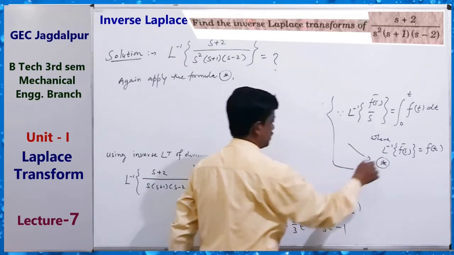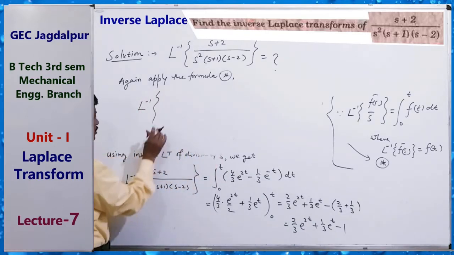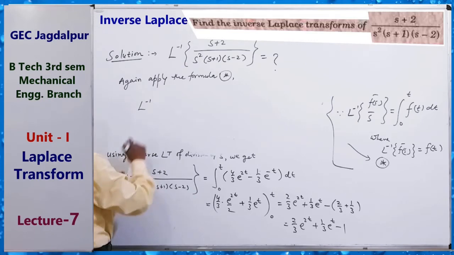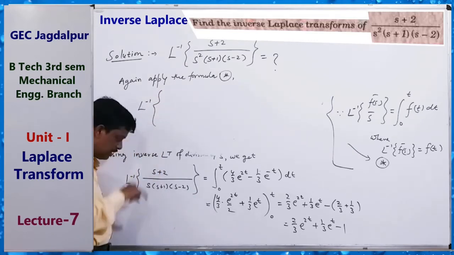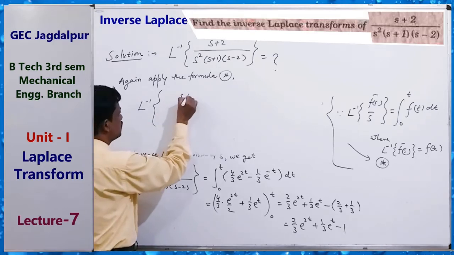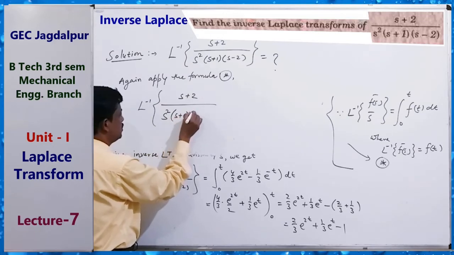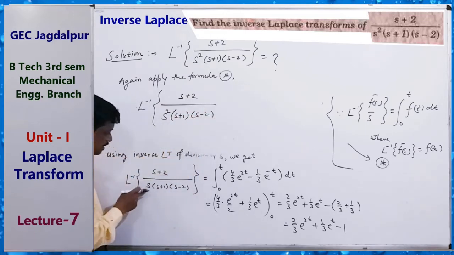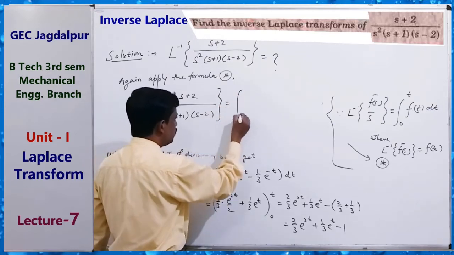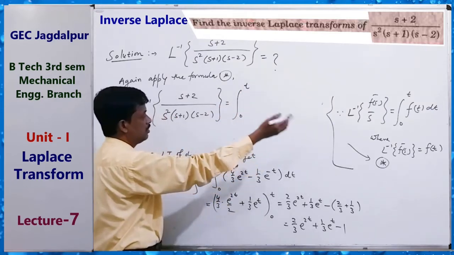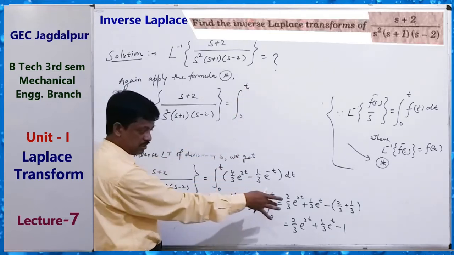Then the L inverse of F(s) divided by s square, that is (s plus 2) by s square (s plus 1)(s minus 2), this is divided by s square, equals the integral from 0 to t of f(t), where f(t) is this.